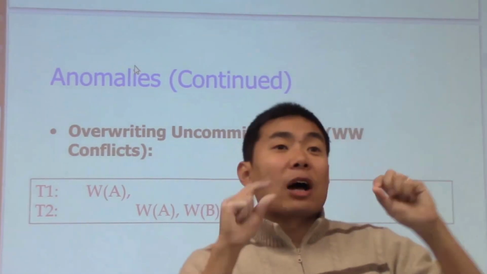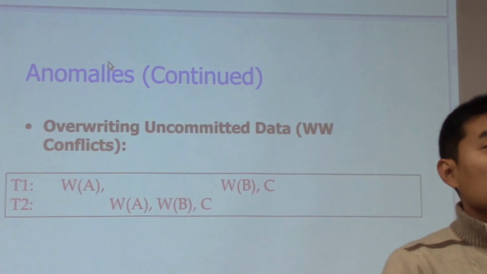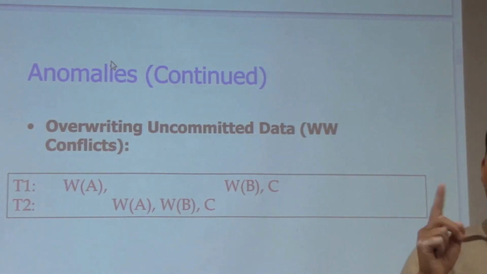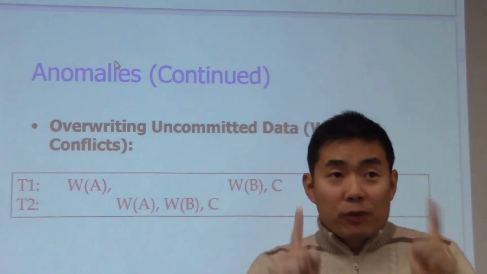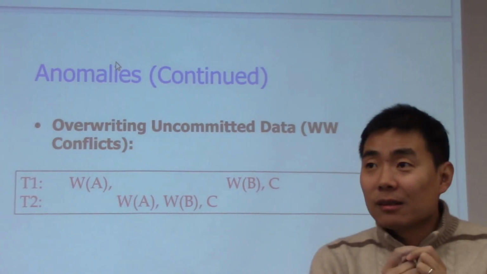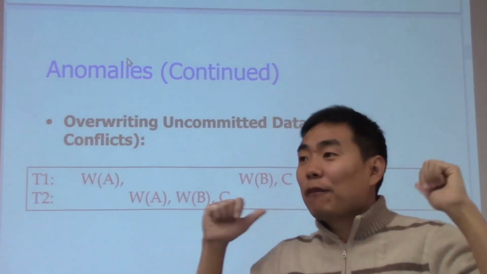So in serializable isolation level, we have 3 potential conflicts we need to watch out for: RW, WR, and WW. As long as you prevent any of these conflicts from happening, then you're good. You follow me? That's why we introduce these conflicts, right?